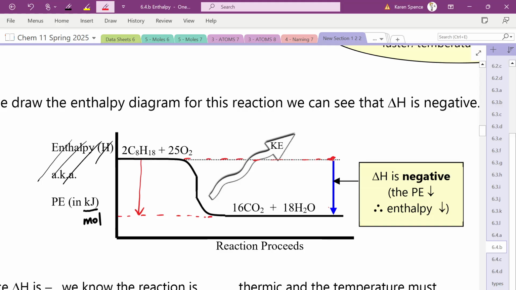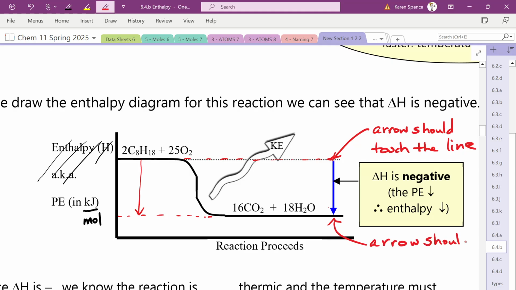Okay, what you should be doing though is that the arrow should touch the line. So if I was labeling my delta H, I would want to see this.